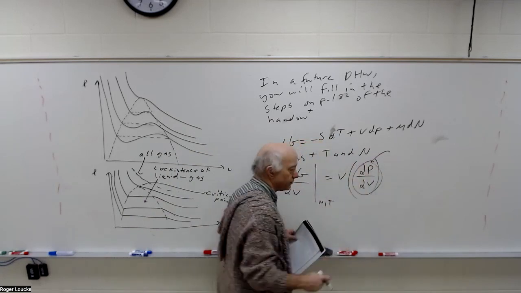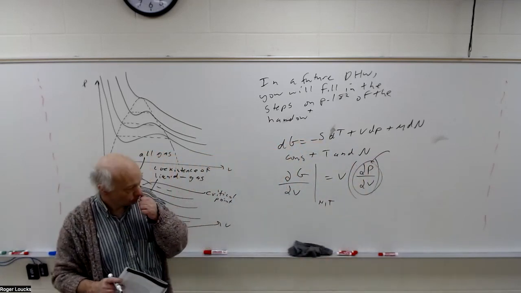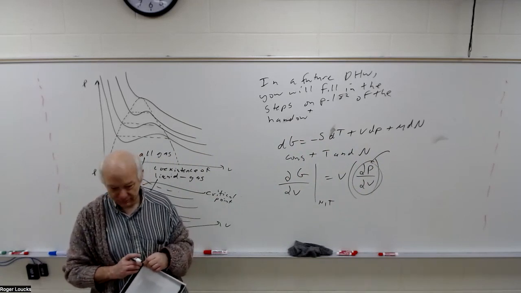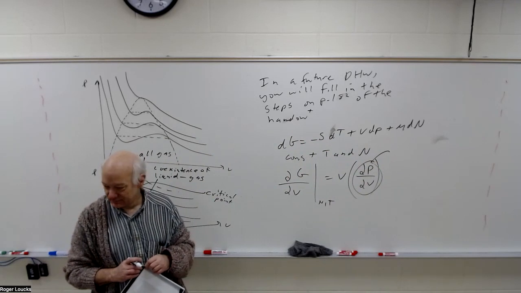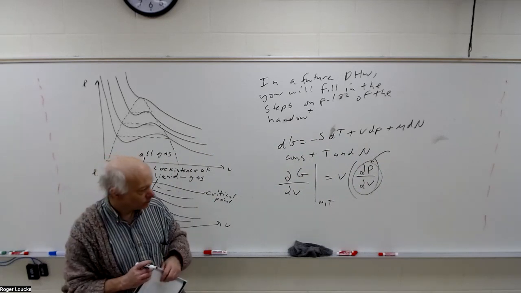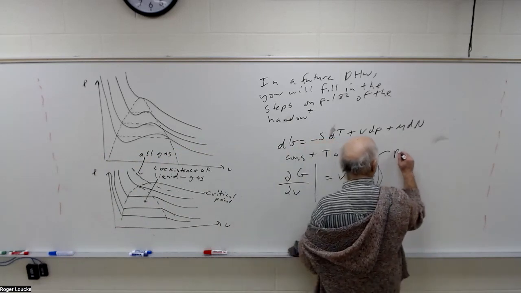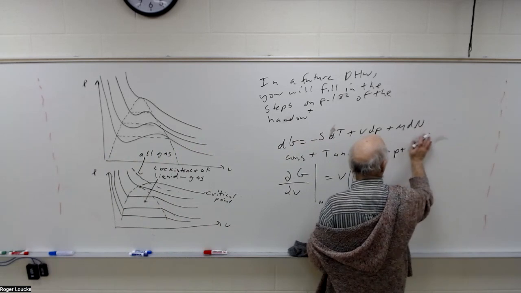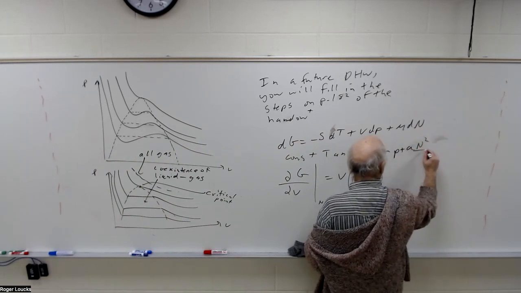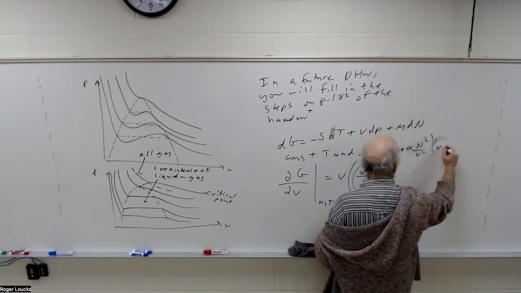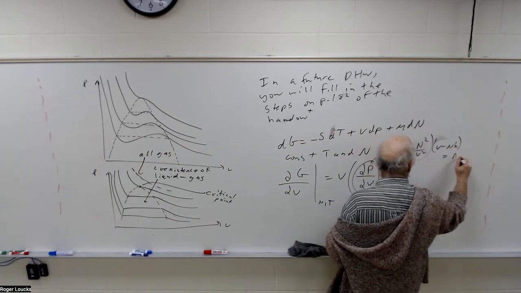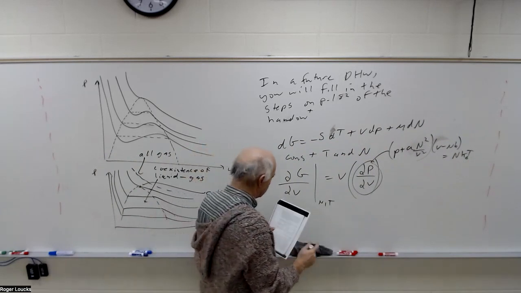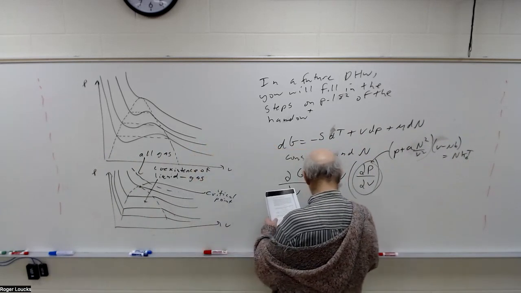How did you get this quantity here? You get it from this. You get it from that. If you do this, you end up with this.